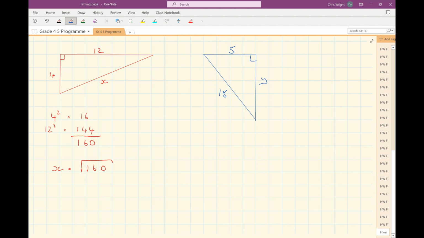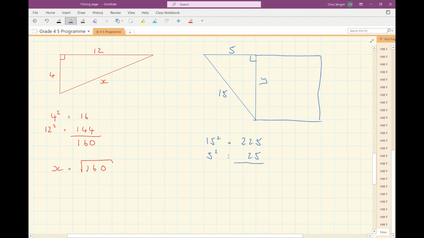So again, I'm going to do 15 squared. There's two sides I know squared, and 5 squared to work out those two areas. 15 squared is 225. And 5 squared is 25. But this time I'm going to subtract my areas because I'm finding the area of this square, and then I'm going to square root it to get y.